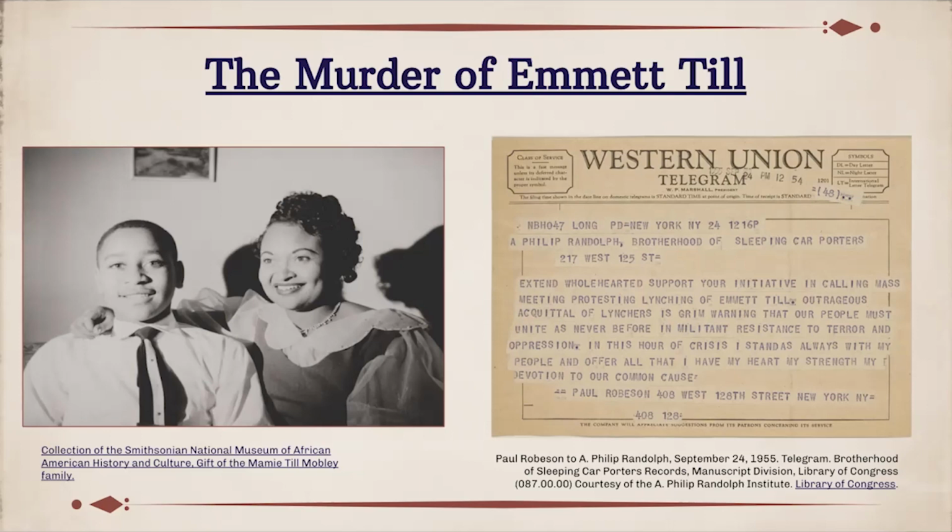He was shot and his body was mutilated and he was thrown into the Tallahatchie River. His mother, Mamie Till, famously held an open casket funeral so that Emmett Till's body could be seen and could make national news, in order to force the American public to recognize and reconcile what had happened to her child.